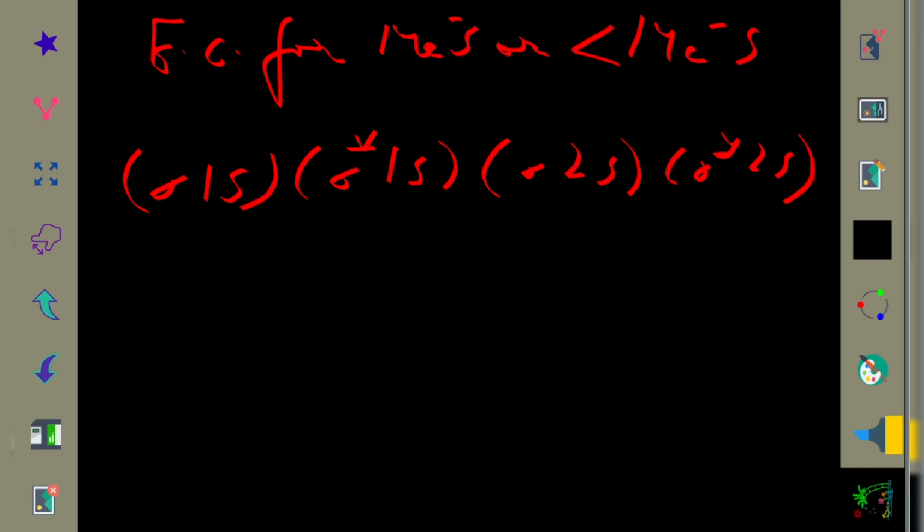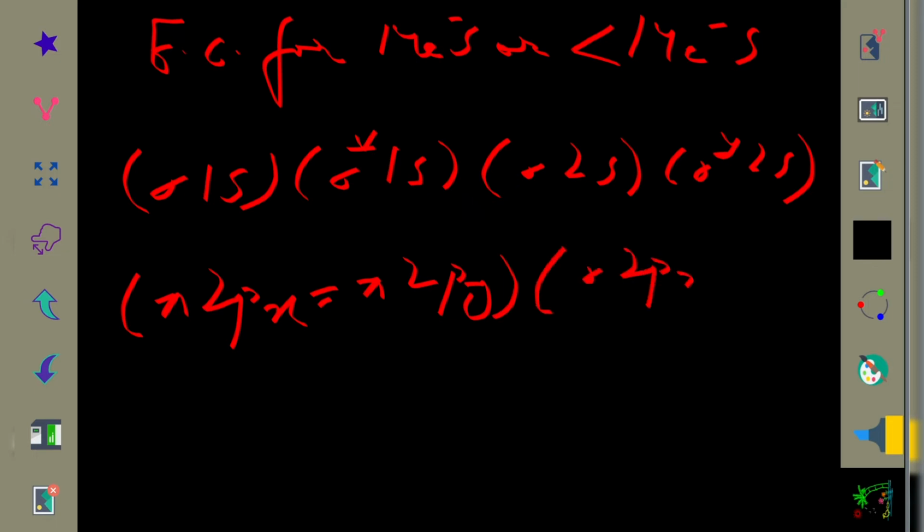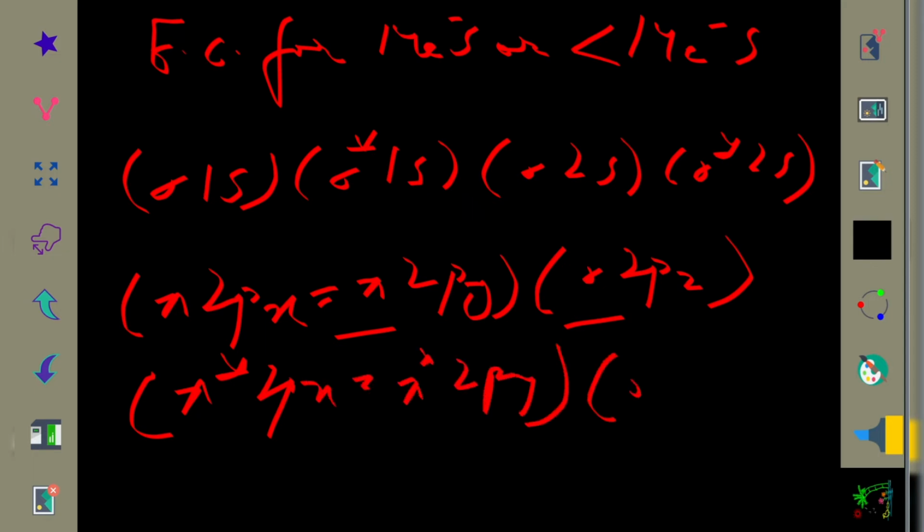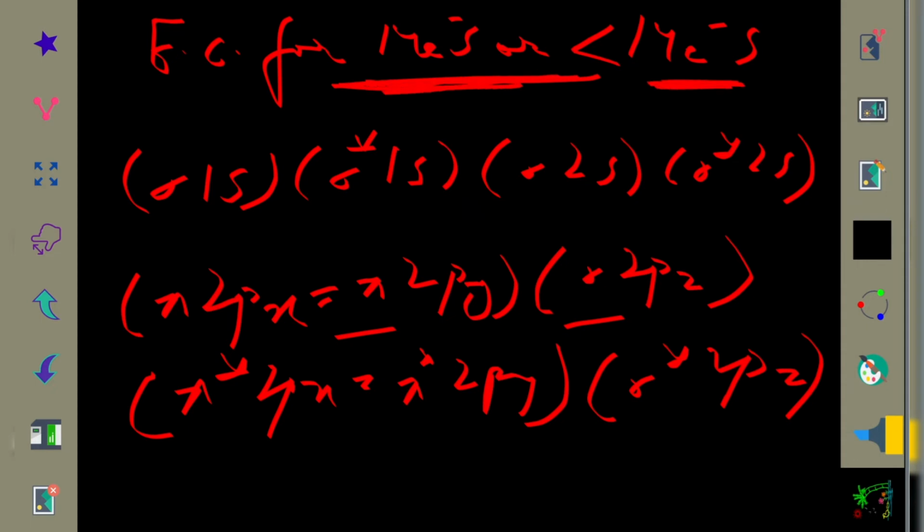Okay, after that we go for the pi one, that is pi 2px, which is equivalent to pi 2py, right? And then sigma 2pz, these are all bonding. Then antibonding of these, pi star 2px equal to pi star 2py and sigma star 2pz. So this way we write the electronic configuration for 14 electrons or fewer.